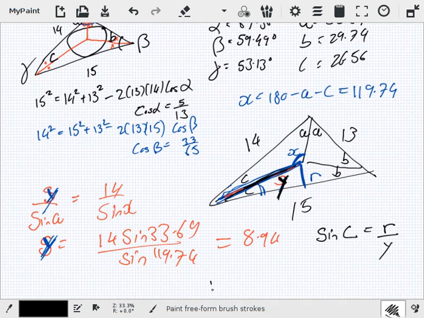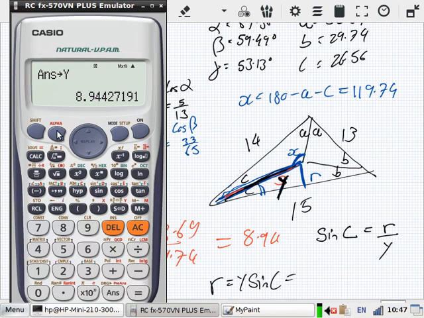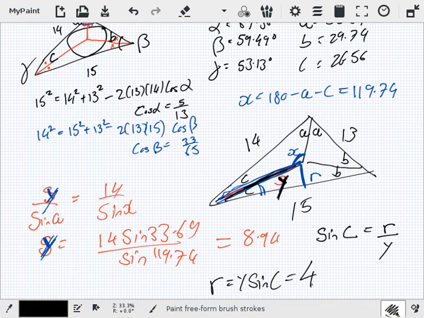So I can say now the radius is Y sine C. It's nice when a long question works out in the end with the right answer. So the answer is 4 centimeters.